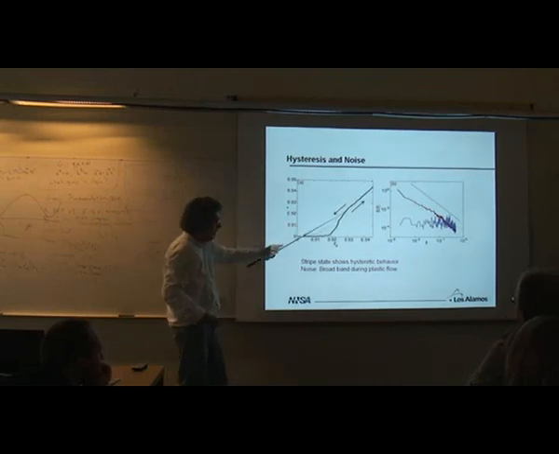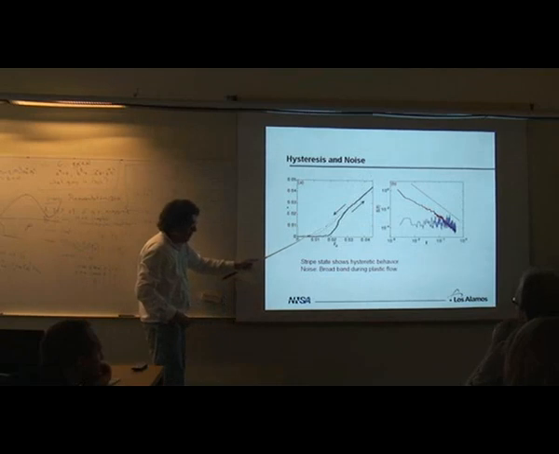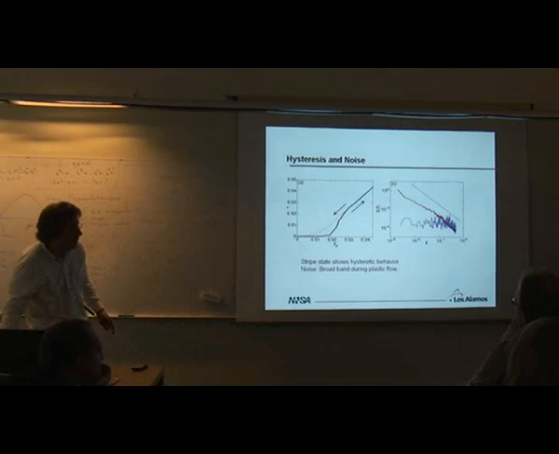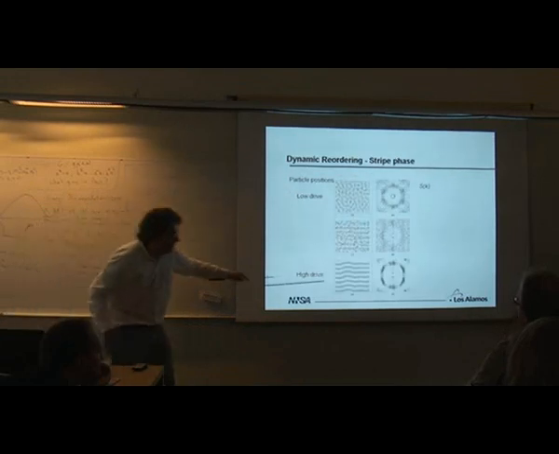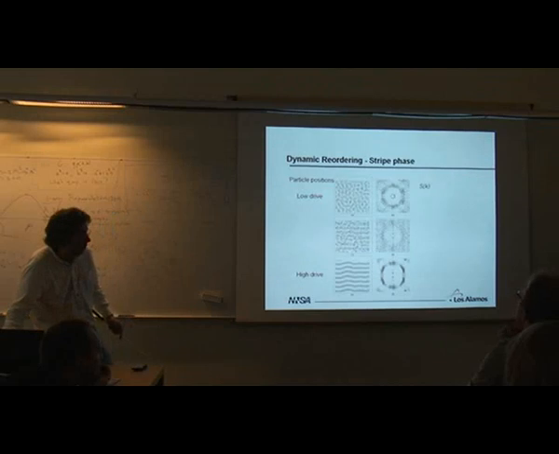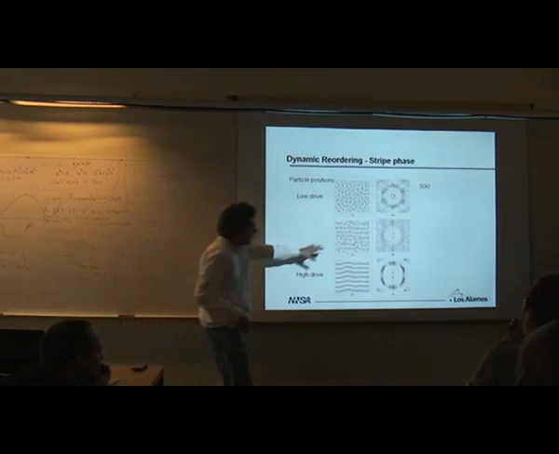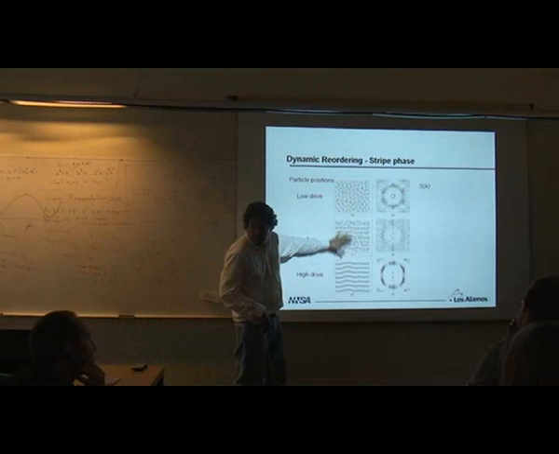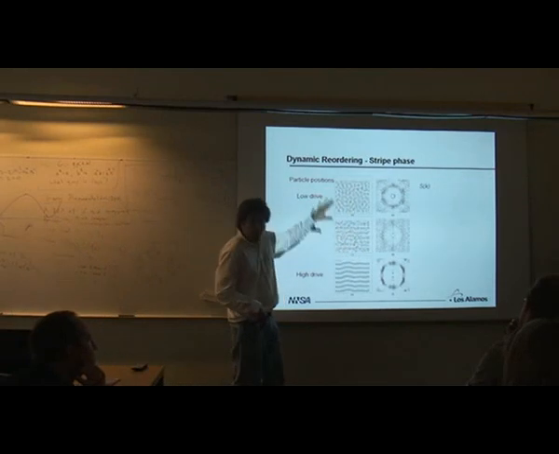You lower the drive, and the stripes persist for a longer time as you lower the drive, and then they break up again. In other words, the system will stay in this state longer as you go down. One way we think this might be true is because we think these systems generally have first-order phase transitions between ordered and disordered.